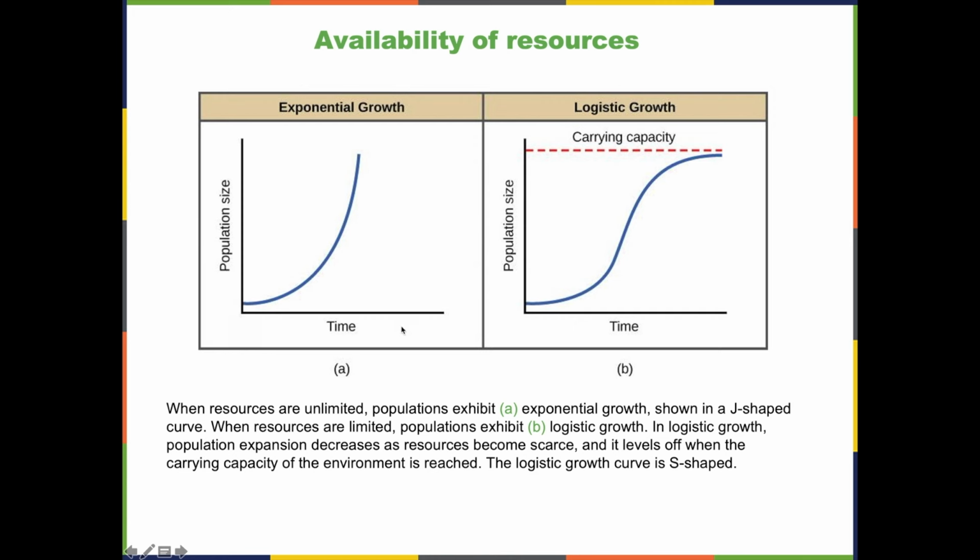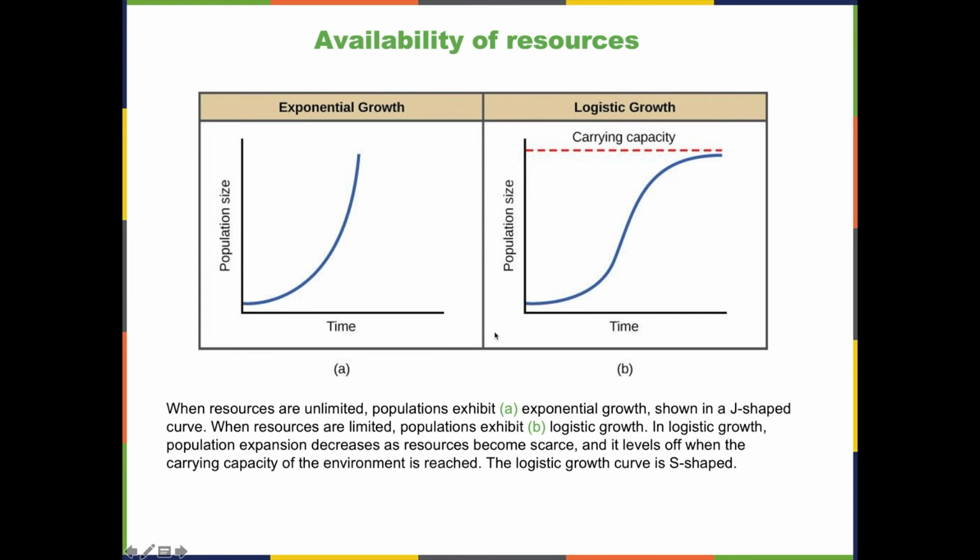If there are no limiting conditions, if all organisms have just enough resources, food, and space that they want, if everything is available to the end of time, they keep growing and growing, and the growth is exponential. This is called a J-shaped curve, and it's characteristic of exponential growth.